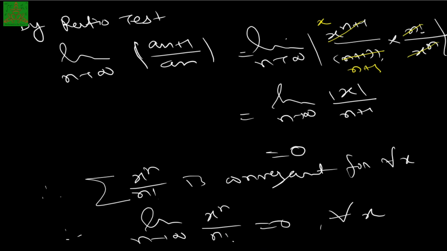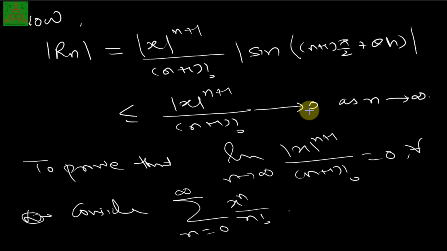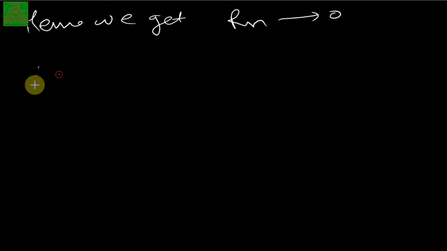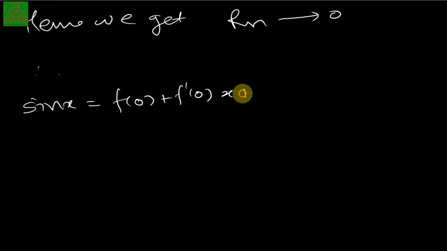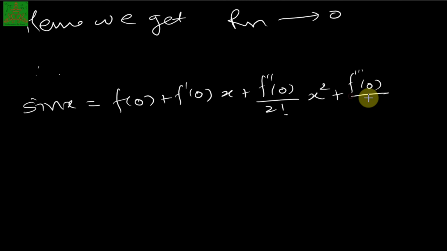So what we claimed, that this quantity tends to 0 as n tends to infinity, we have proved here, and therefore this Rn tends to 0, and therefore we can write sin x as f(0) + f'(0) x + f''(0) upon 2 factorial into x^2 + f'''(0) into x^3 and so on.